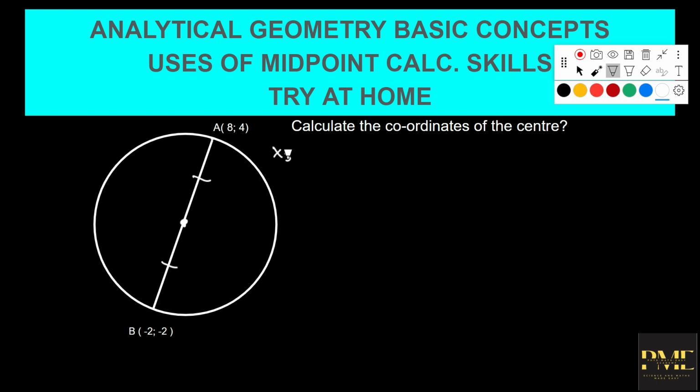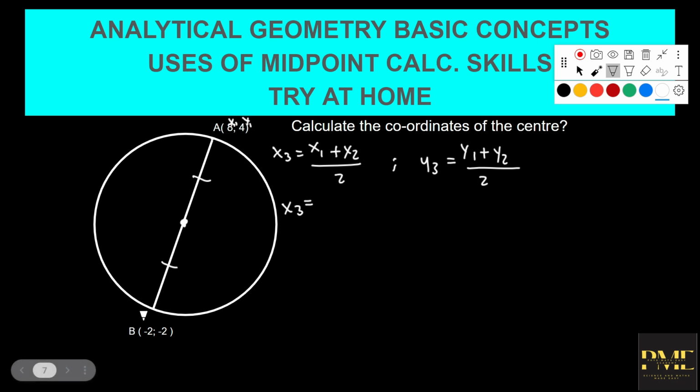Our x3 is equal to x1 plus x2 all over 2, and y3 is equal to y1 plus y2 all over 2. We want the coordinates of the center, so let's call the top point x1, y1, then our x2, and then our y2.